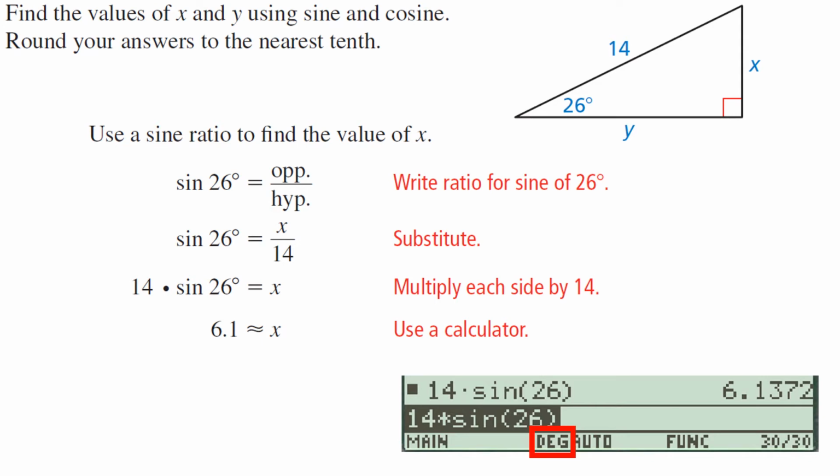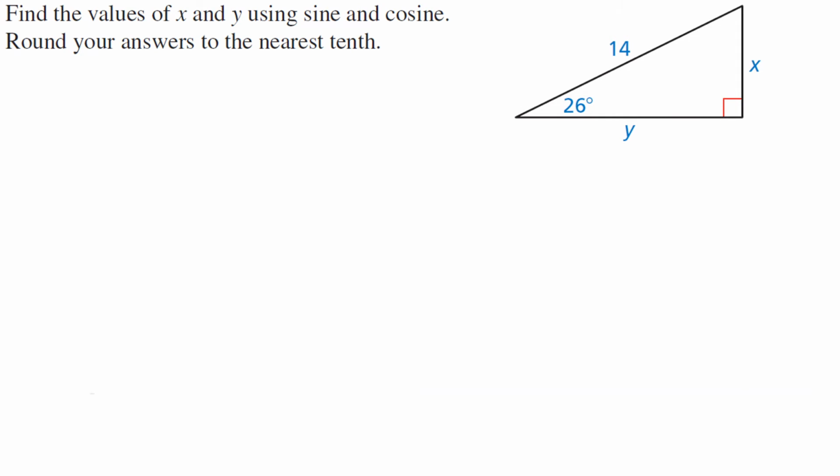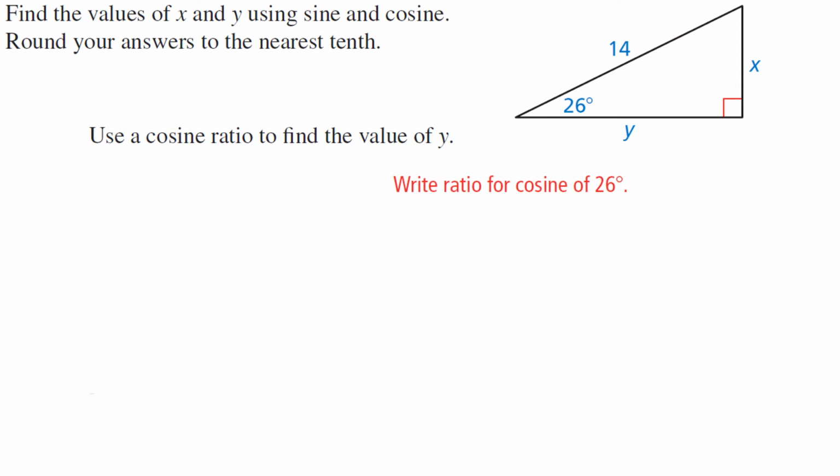Again, if I use a calculator, I've got to make sure I'm set for degrees. Right? If I'm set for radians, I'll get a very different answer. So the value of x is about 6.1. Now, how about y? Well, this time I'm going to use the cosine ratio because I'm trying to find the adjacent side and I know the hypotenuse.